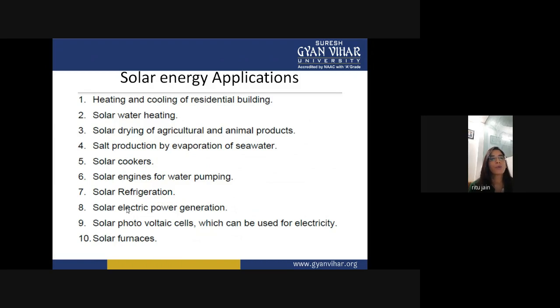Then salt production by evaporation of seawater. Then solar cookers, solar engines for water pumping, solar refrigeration, solar electric power generation, solar photovoltaic cells, which can be used for electricity, and solar furnaces. So these are the solar energy applications.